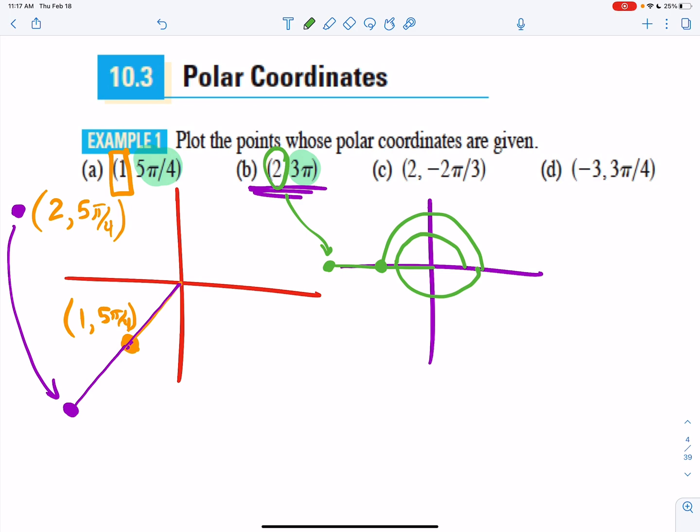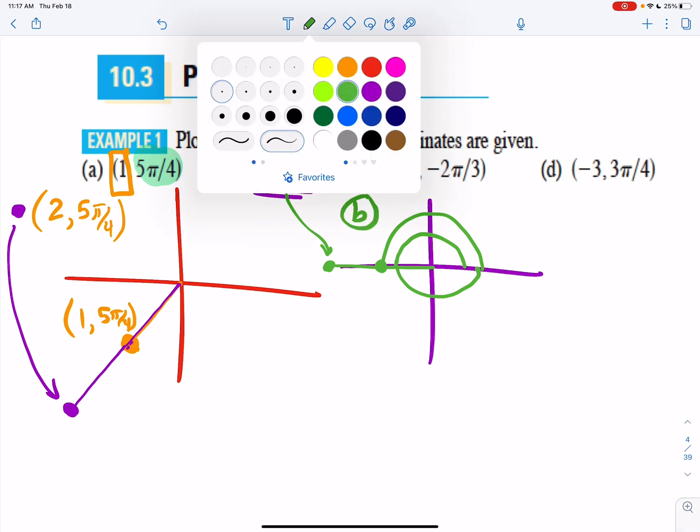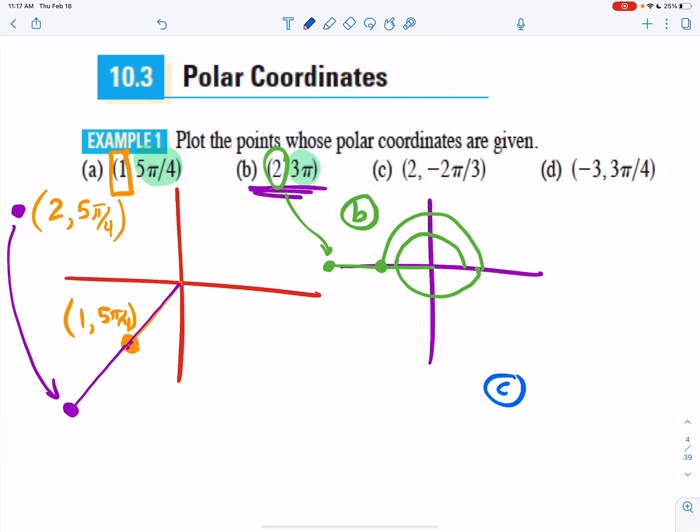Here's part C. Part C we'll do down here. Okay, so what you notice here is that your angle is actually negative. Negative just means that you go in the opposite direction, okay? So the easiest thing to do is you could either convert it to a positive, okay, or you cannot.